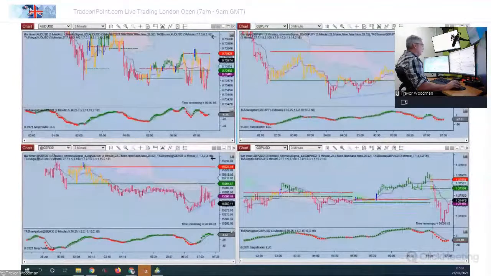I was just trying to sort my charts out there, but for some reason it just minimized all my charts for me.